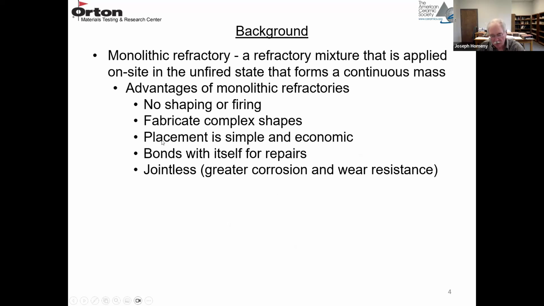The placement of a monolithic is relatively simple. It's economic. And if you have erosion or corrosion and need to do repairs, you can repair it with the same material so it bonds to itself. And as I just mentioned, there's no joint, so it's jointless. That gives greater corrosion resistance and greater wear resistance.